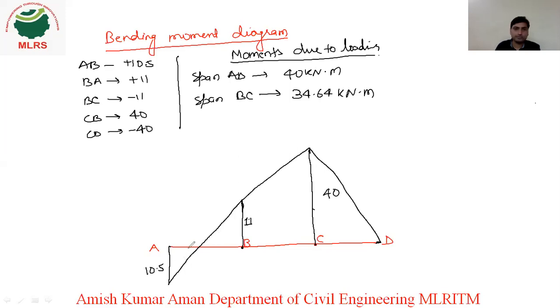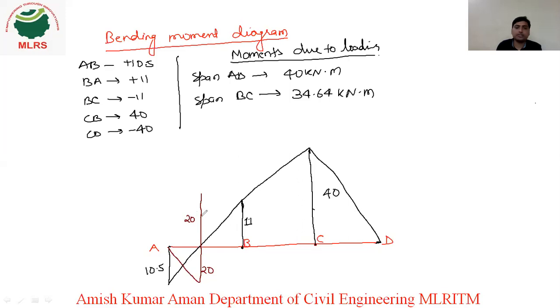Now coming to span moments. We have 40 kilonewton meter here at the center, but we will take half of it, marking 20 and 20.